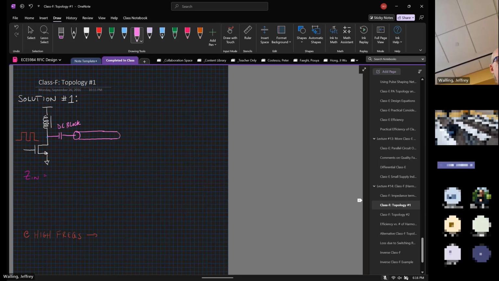I've got some transmission line. This transmission line has a value of Z naught, and it's a quarter of a wavelength long, so lambda by 4.